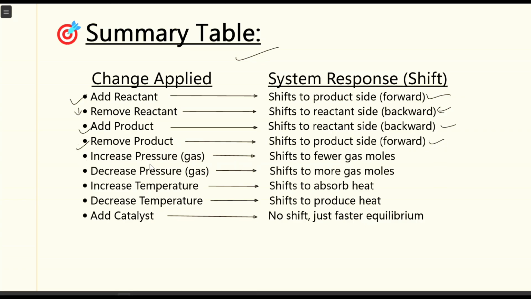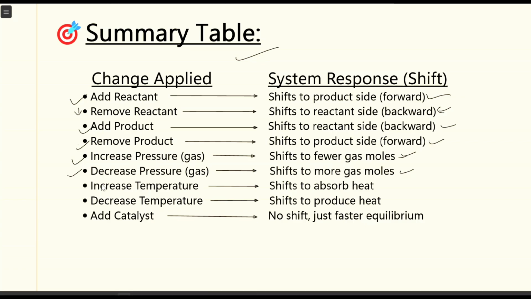Similarly, if pressure is increased, we only talked about gas for pressure, right? If pressure is increased, fewer gas moles should be formed. If pressure is decreased, larger gas moles should be formed. So it shifts to fewer gas molecules, or shifts to more gas molecules.